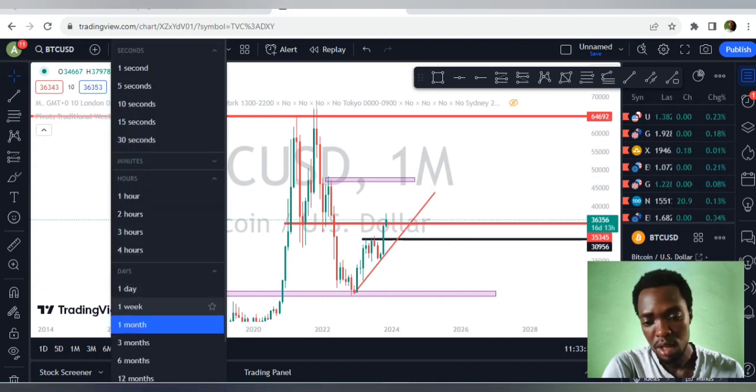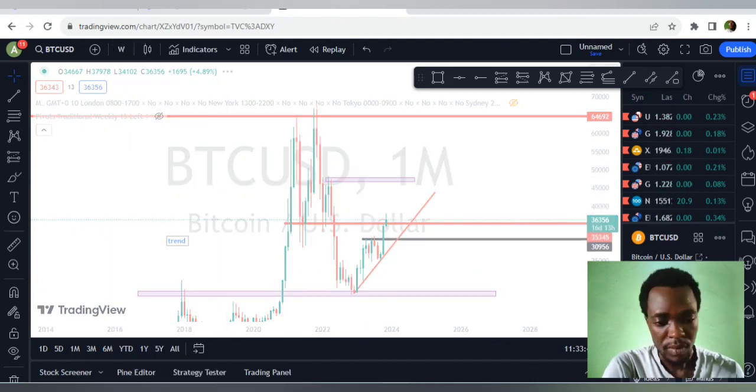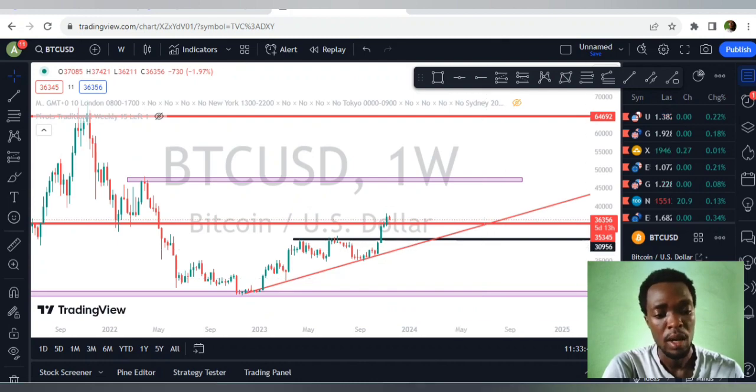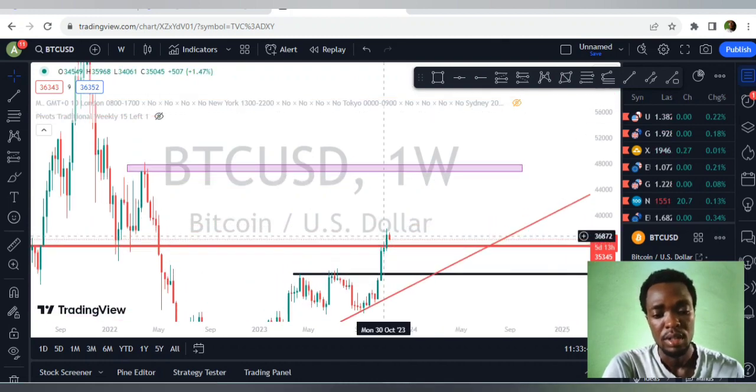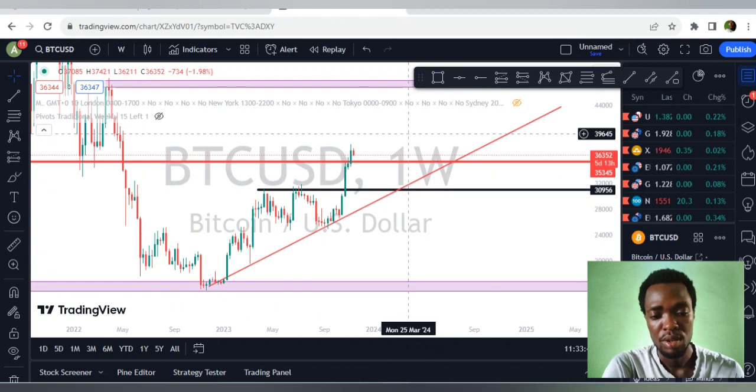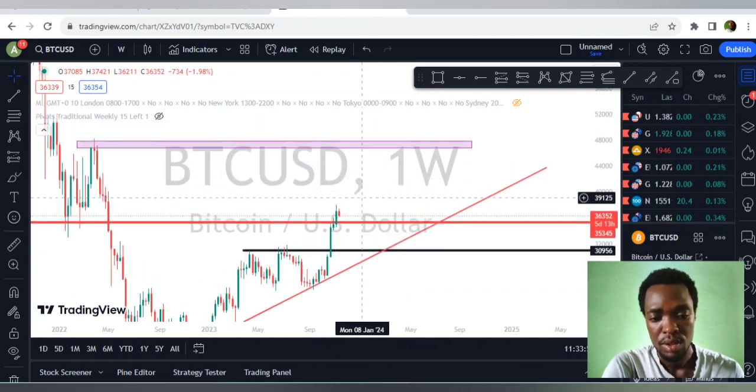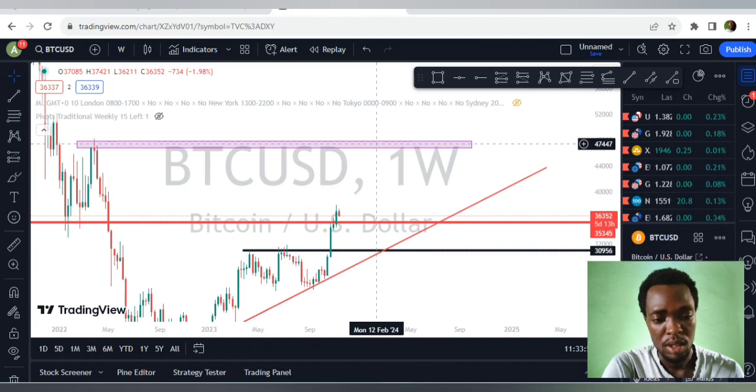Let's see potential entry points right here. And I expect Bitcoin to trade to the downside a bit, consolidate here, probably make a retest of this level, then pump to 60. So first level target is going to be the 47K mark.